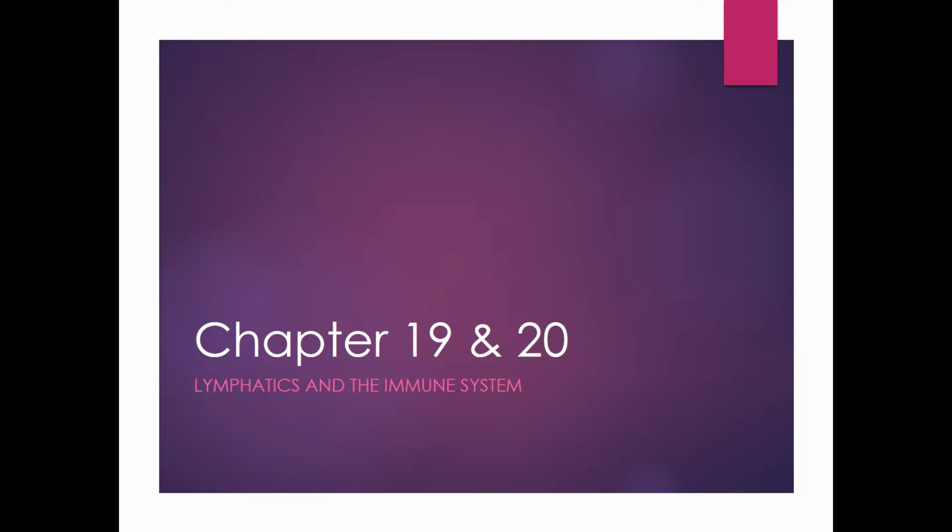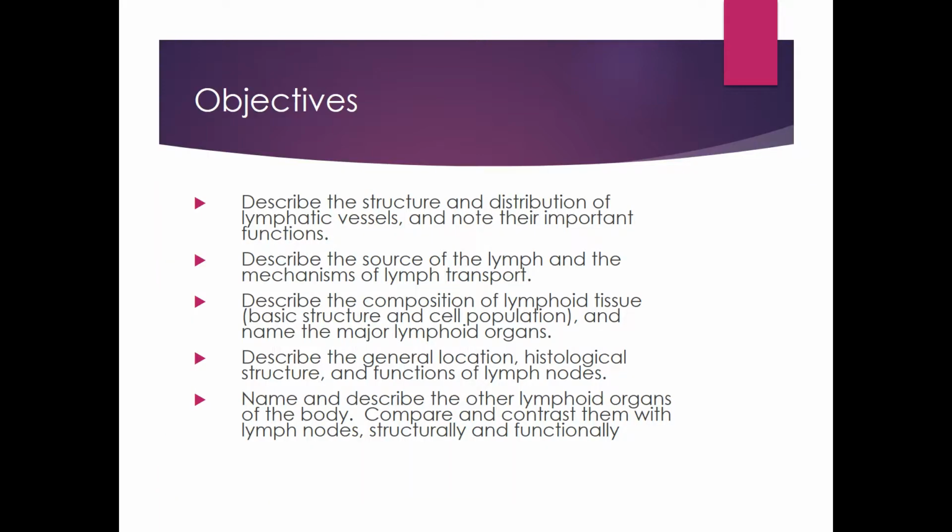But the lymphatic system has much greater function than just being the scaffolding for the immune system. So that's that very first question, explain the first 3 functions of your lymphatic system, which is kind of like the objectives that I have here.